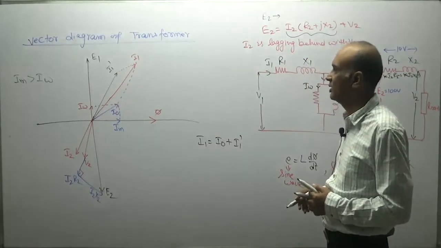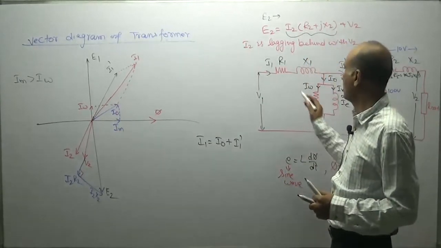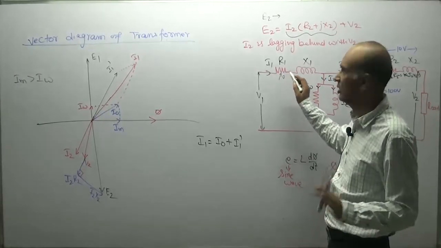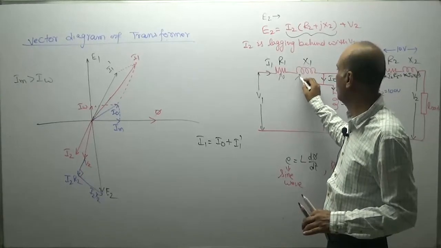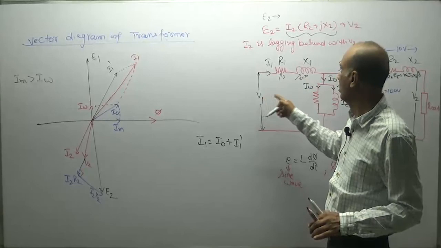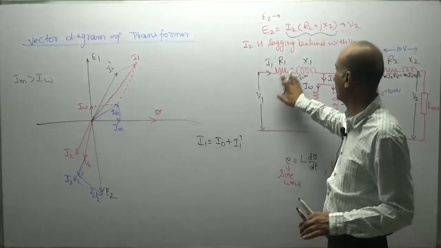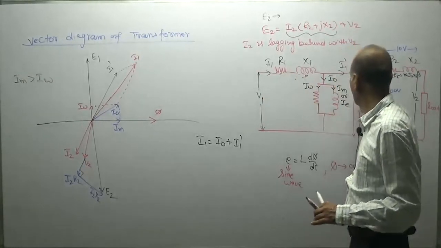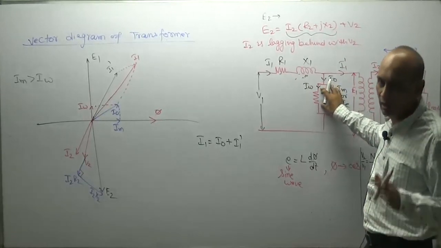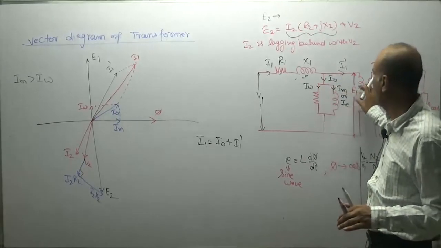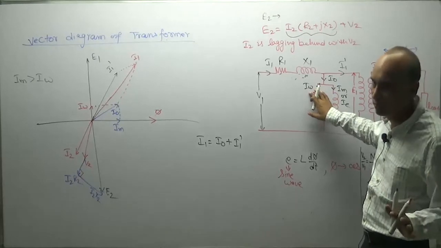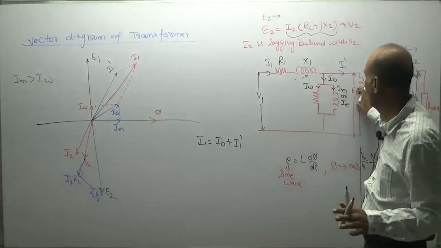Also in this circuit you can see, suppose this value is 0, because this value should be very low, this value is also 0. Then what is the phase difference between E1 and IW? In this diagram you can see phase displacement between E1 and IW is 0, because this resistance is in parallel with E1.